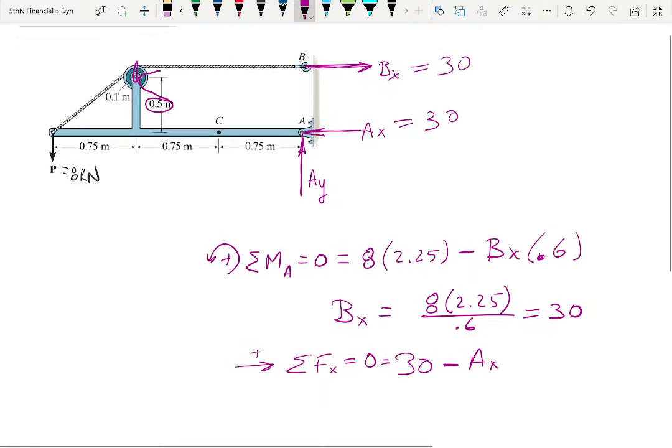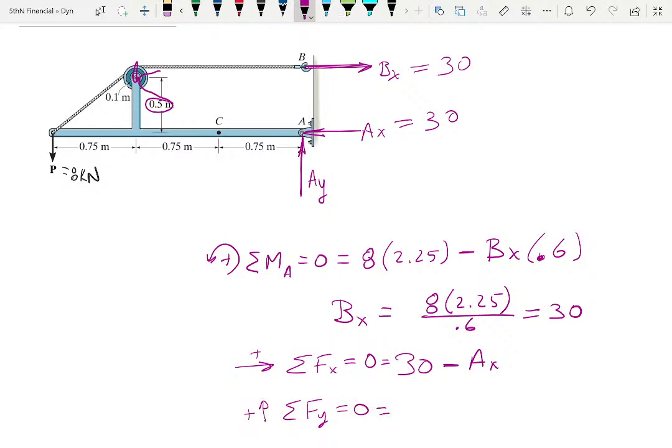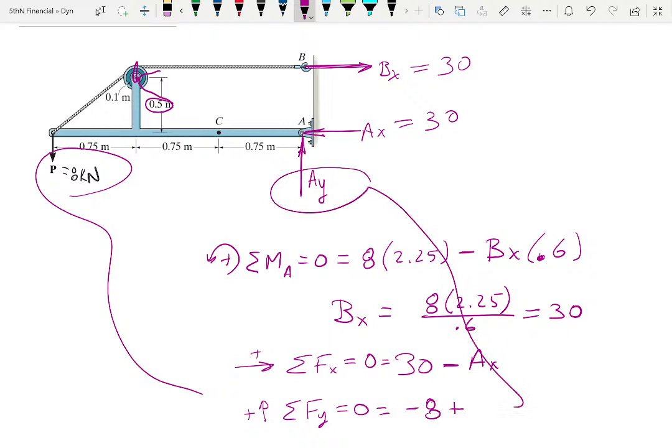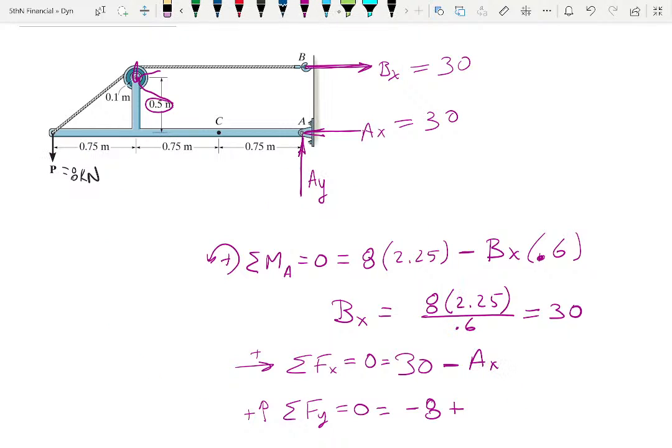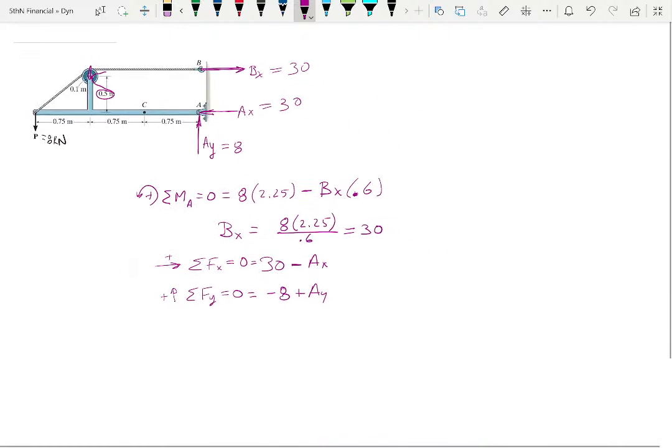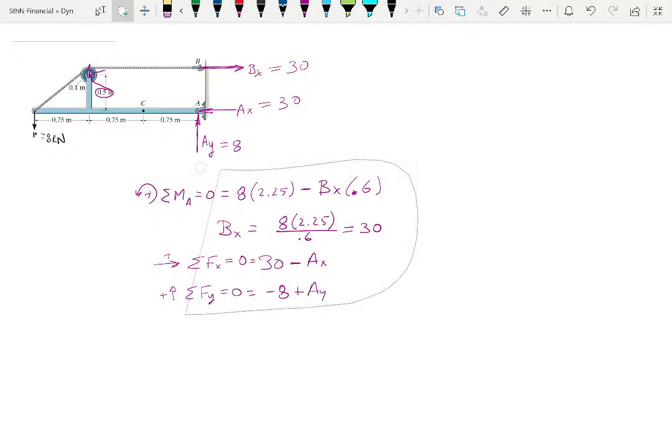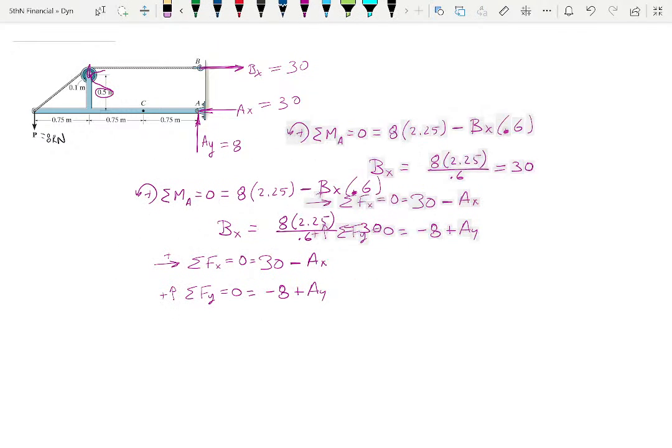To me, the simplest thing to do is sum of forces in the y. You can do other things. Equals 0. That's going down, minus, and A plus AY, that's going up. So that's got to be equal to 8.